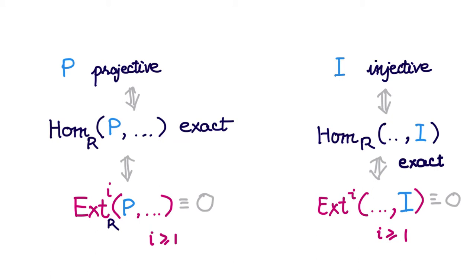Similarly, by definition, I is an injective R-module if and only if we can always extend morphisms to I. In other words, this contravariant functor sends monomorphisms to epimorphisms, i.e. it's right exact and thus exact because it's already left exact. So that again is equivalent to saying that its right-derived functor must be trivial in positive degree. Alright, so that's the value of the Ext functors on projective and injective modules.